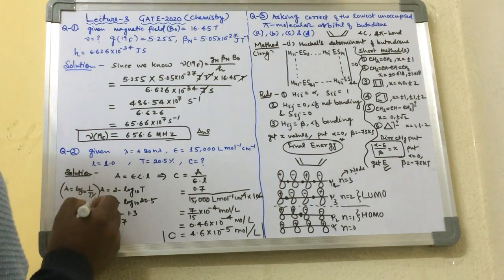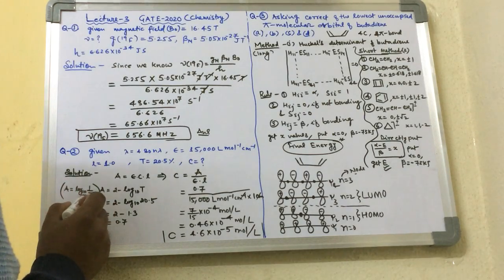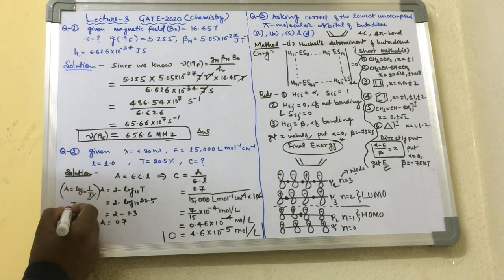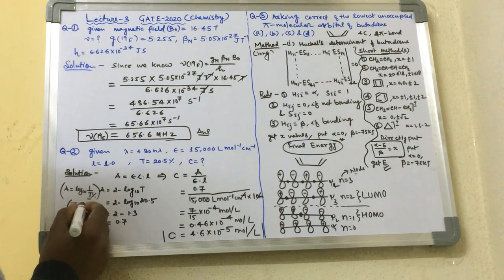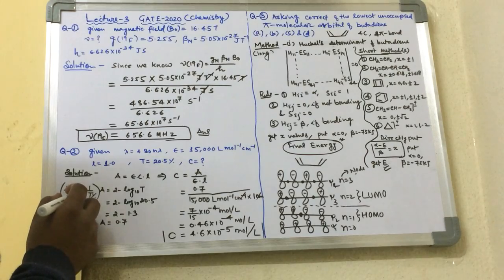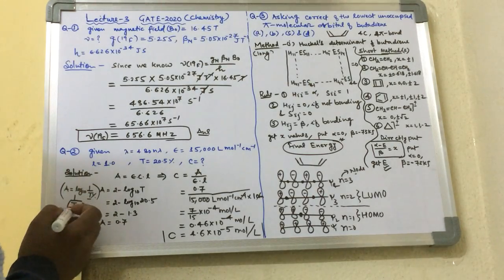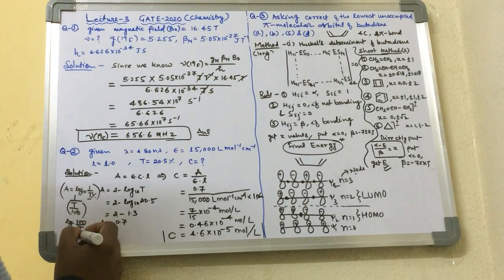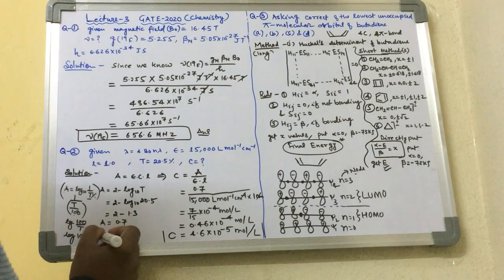And if we put the value T by 100, then 1 divided by T by 100, so 100 goes upside. If 100 goes upside, then what will you get? You get 100 upon T. I simplify using the log formula: log 100 minus log of T.